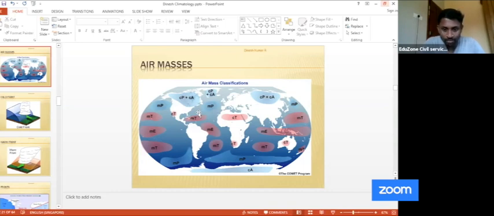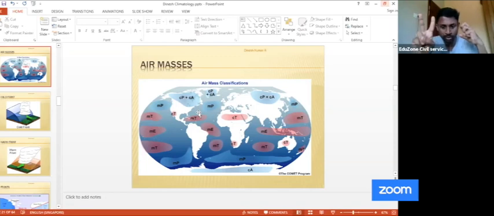So you have to see which air mass is moving. These are two air masses, a cold one and a warm one. This cold one is more active: the cold air mass is moving towards the warm one and hitting it. So you will name the front accordingly. This will be known as a cold front. If the warm air mass is moving actively and hitting the cold air mass, it will be known as a warm front.